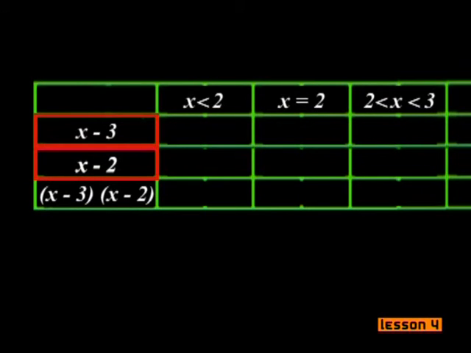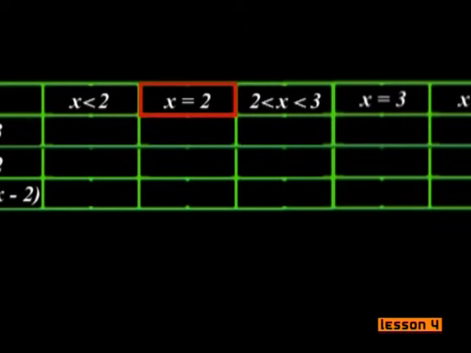I'm also going to put in each of the factors so that we can consider them separately before we consider them together. We have already worked out that when x equals 2 or when x equals 3, the function is equal to 0, which satisfies the inequality. So I will add this to our table.